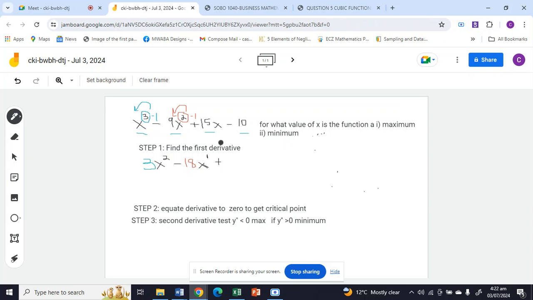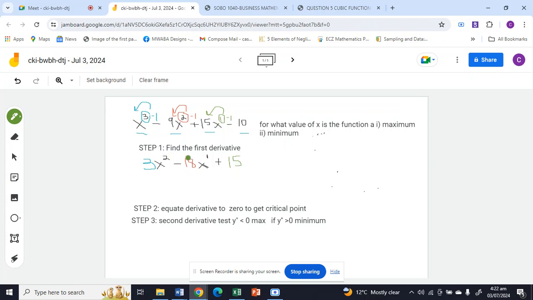Plus, we come to the next term, 15x. So this is like 15x to the power 1. You multiply the exponent with the coefficient. 1 times 15, that is 15. We subtract 1. 1 minus 1 is 0.